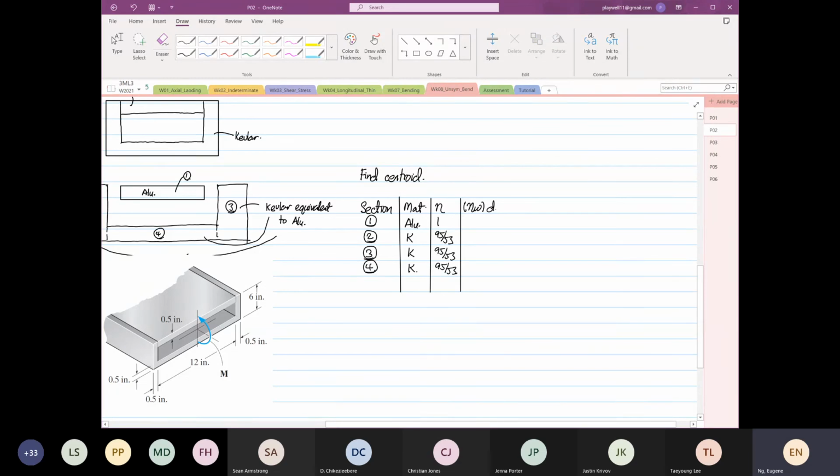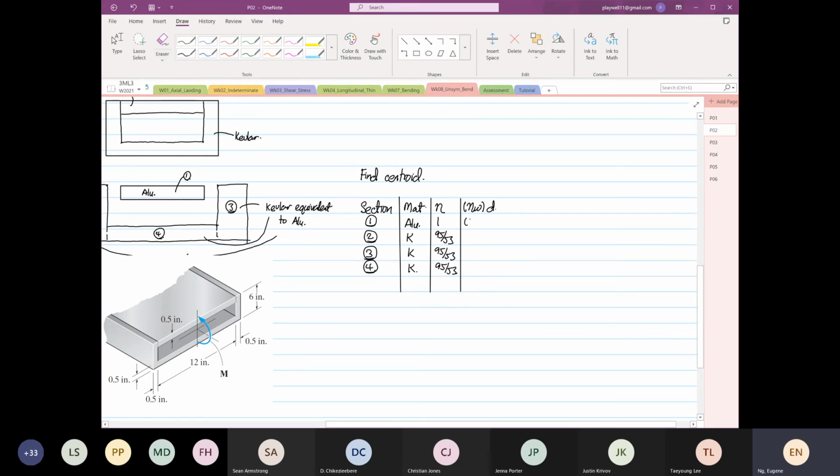So for the aluminum, you have 1 multiplied by 12, and the depth is 0.5. And then for the Kevlar, you have 95 over 53. For that section, the width is 0.5. Sorry, today I'm not writing this right, I do apologize.